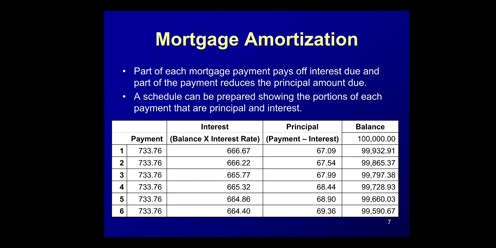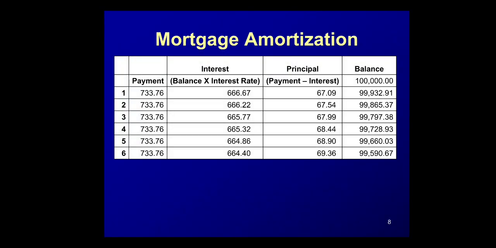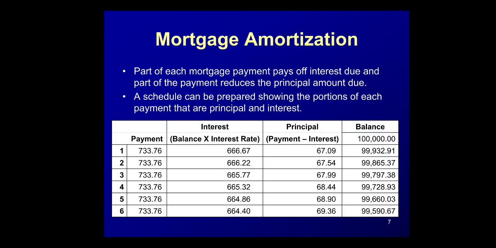Most of the time, at the earlier part of the repayment, most of the payment is for the interest, and after that the payment for the interest will decrease and the payment for the principal will increase. So just see this example. See here, this one is payment 1, 2, 3, 4, 5, 6.